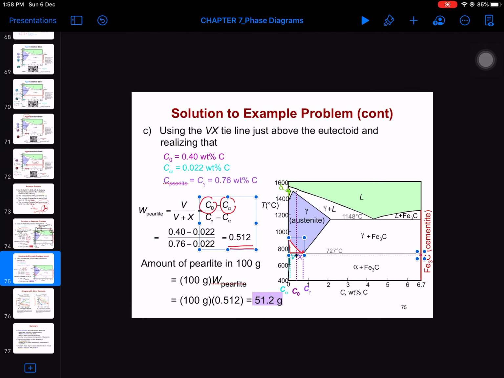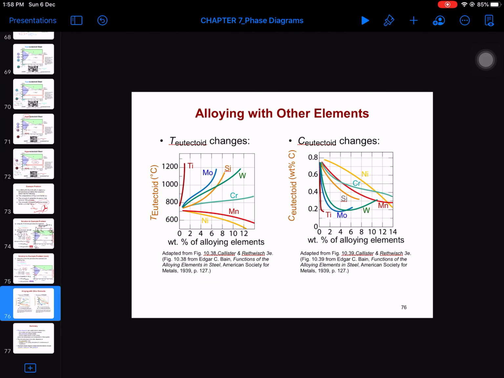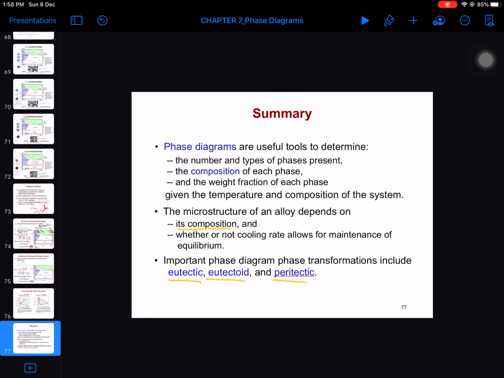So let's just go back. I think that's it for the iron and iron carbide phase diagram. As a summary, phase diagrams are useful tools to determine the number and types of phases present, the composition of each phase, and the weight fraction of each phase, given the temperature and the composition of the system.